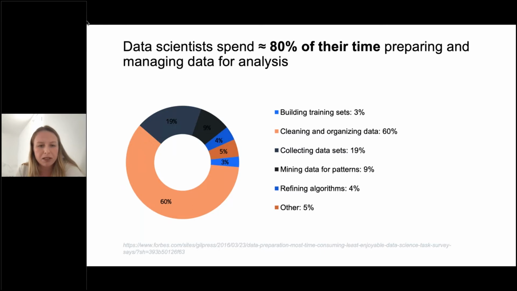Even though this graph has been published a while ago, I think this is still true. You can see here an exact distribution where the work is spent. But I don't think it's important for this presentation. I think the most important here is the fact that 80% of the time it's a big amount, and ideally we would have some tools that would help us to reduce this time.